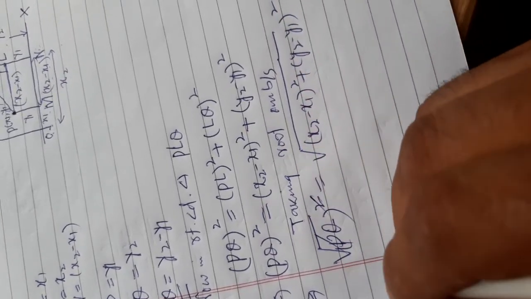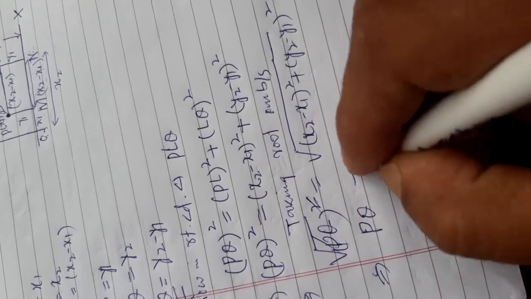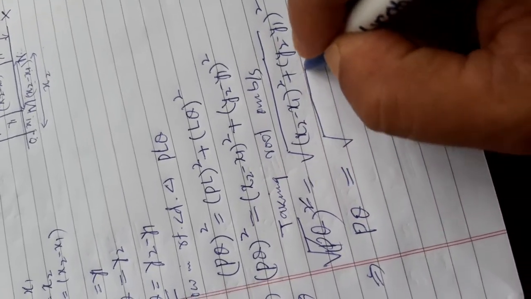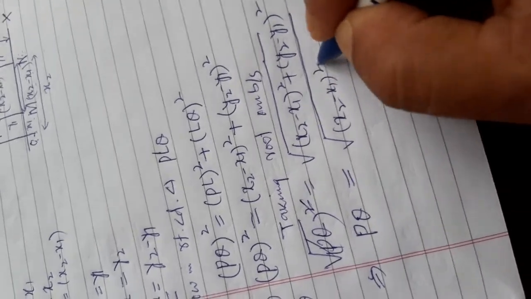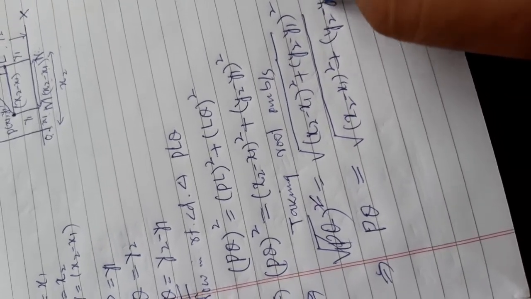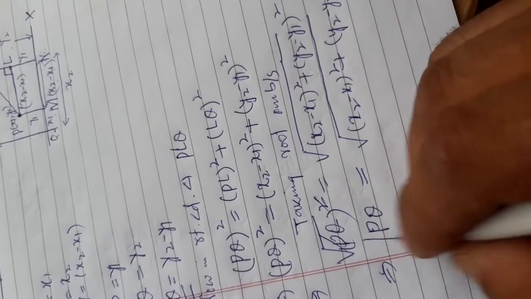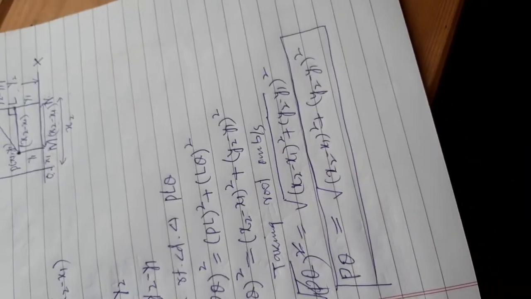Square and root cancel out, so we get PQ is equal to root of (x2 minus x1) square plus (y2 minus y1) square. And dear students, this is known as the distance formula.